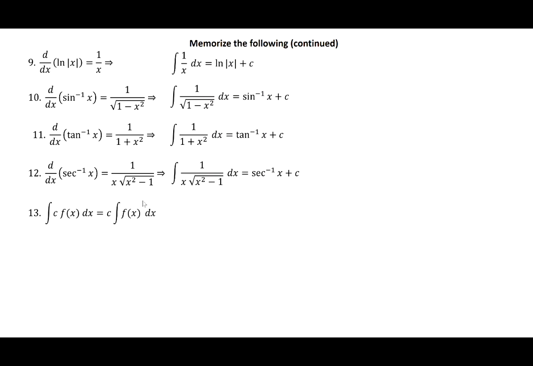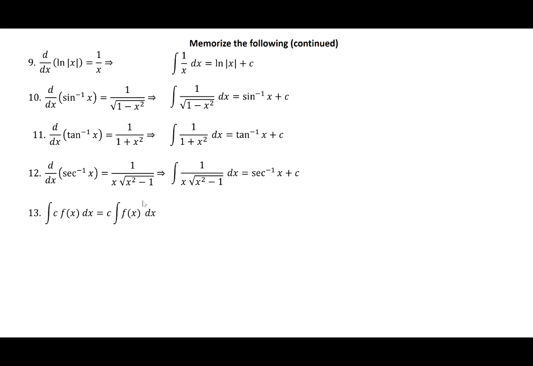Now here comes a very interesting one. The integral of a constant multiple of f, meaning if you have to take the integral of some lowercase f of x dx, but you have in fact a constant c multiplying that, then you can pull that constant outside of the integral. Kind of like the derivative stuff, right? d dx of c times f of x. You pull that c out and say c times d dx of f of x.